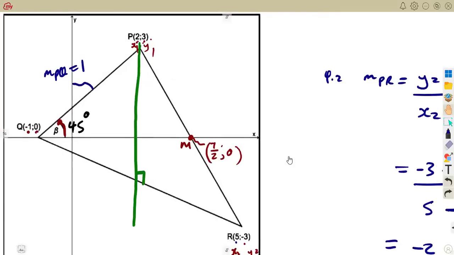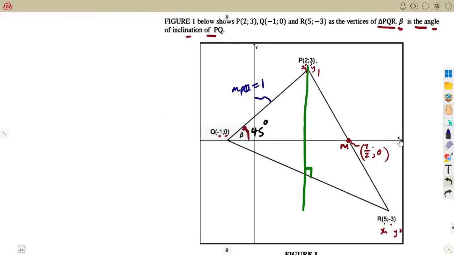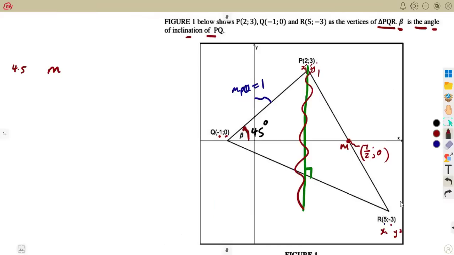So the gradient of the line that we need to calculate here, which is going to pass through P, times the gradient of the line that it is perpendicular to, which is QR, must give us -1. So that is the case of our question.